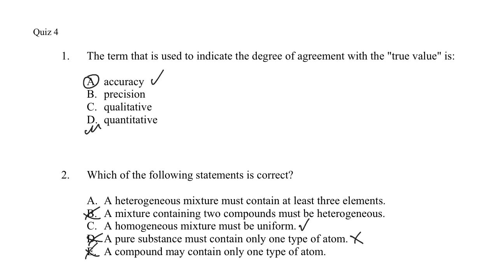So this is definitely not a true statement. You could have a heterogeneous mixture with just one element. If you thought of some noble gas like argon in equilibrium between its gas and solid state, where you have the gas and solid together, that would be a heterogeneous mixture of just a single element. So C is the right answer on number 2.